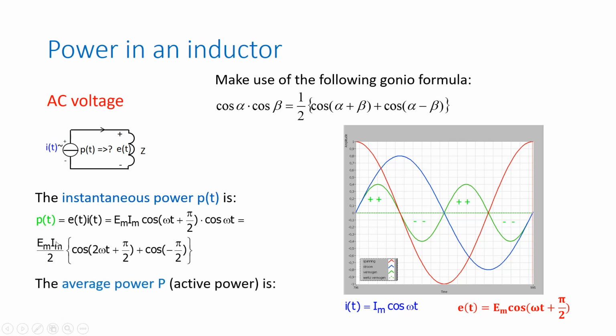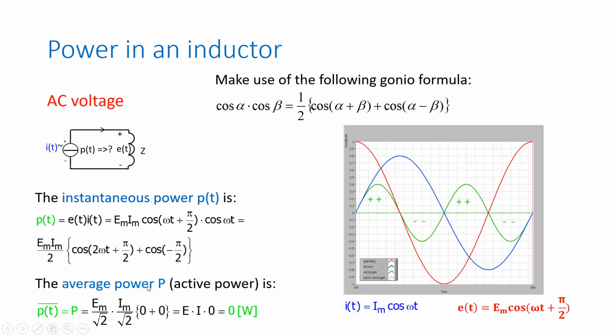Now let's look at the average power P, the active power, which is the average of this expression. Remember, this is 0 because the cosine of minus 90 degrees is always 0. So we have to take the average of this part, which is the RMS voltage times the RMS current times the average value of this cosine. And of course the average of a cosine function with t as an argument, so a cosine which keeps on moving in time, gives us the value of 0.